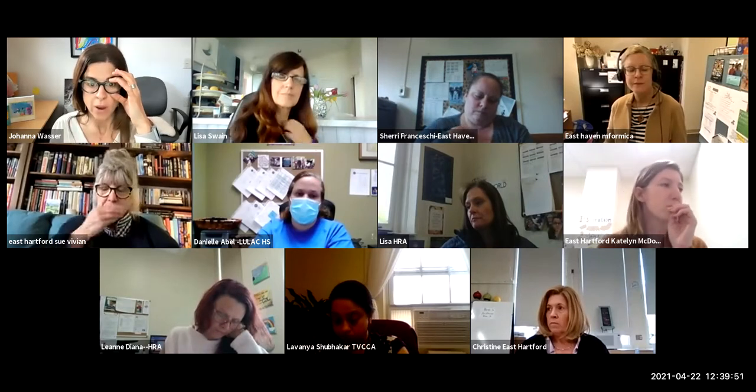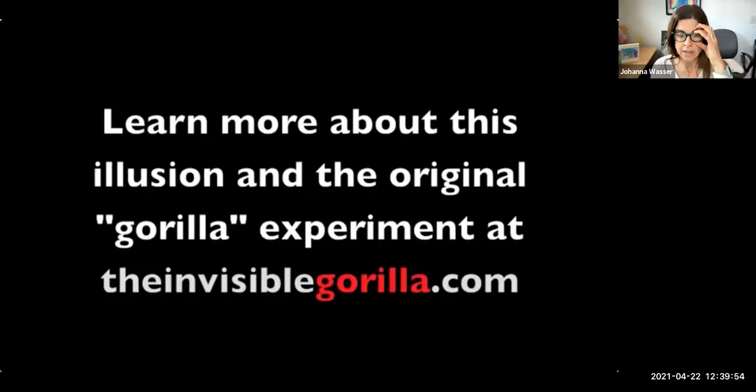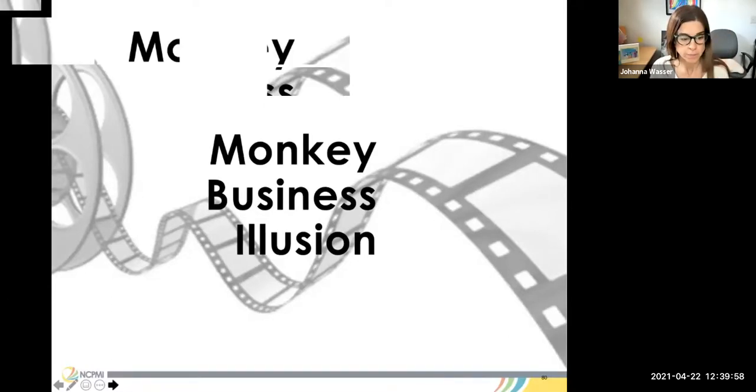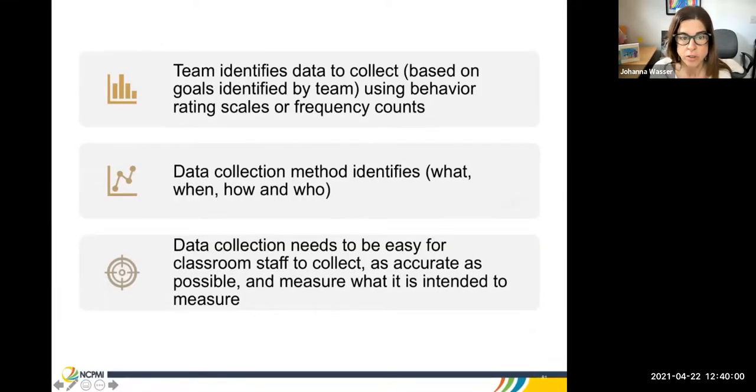And so what has been created is this really cool tool, which is a perceptual tool, which I'll show you in a moment. But when we dive into this meeting, it sometimes seems kind of stale, like, oh, great, we're going to talk about how we're going to collect data. But this is kind of where the excitement happens.